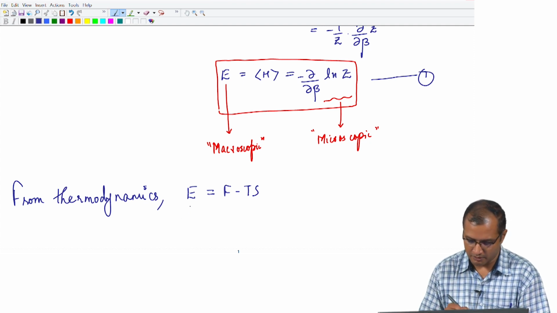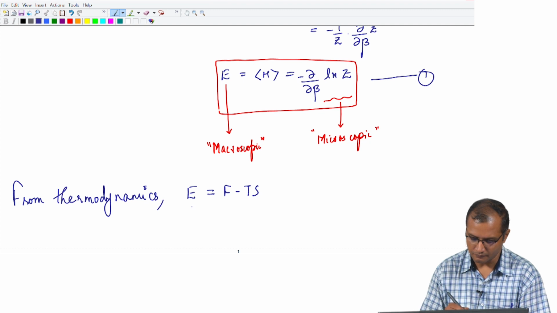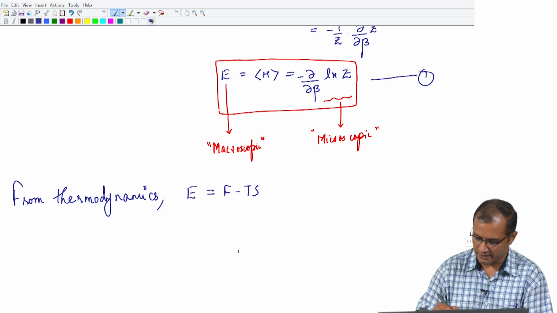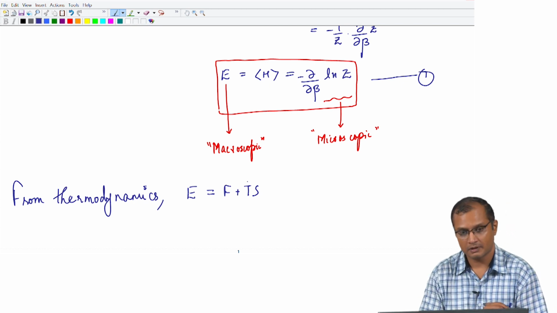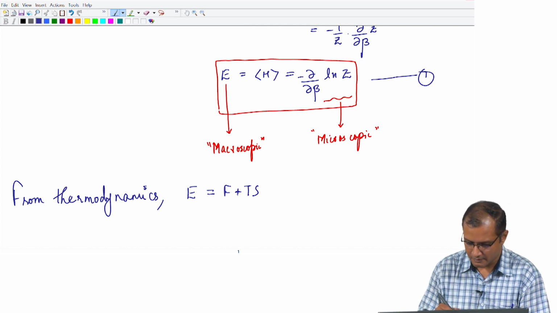So, I can write down, so I think it is F plus Ts, okay, because the free energy is written as E minus Ts.